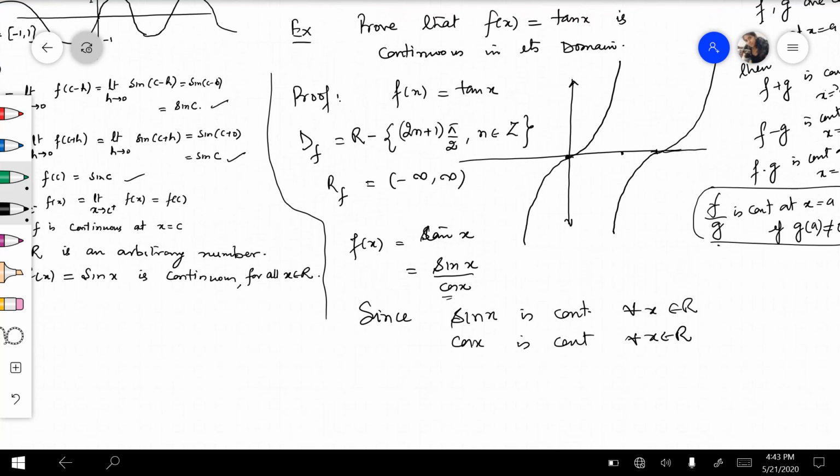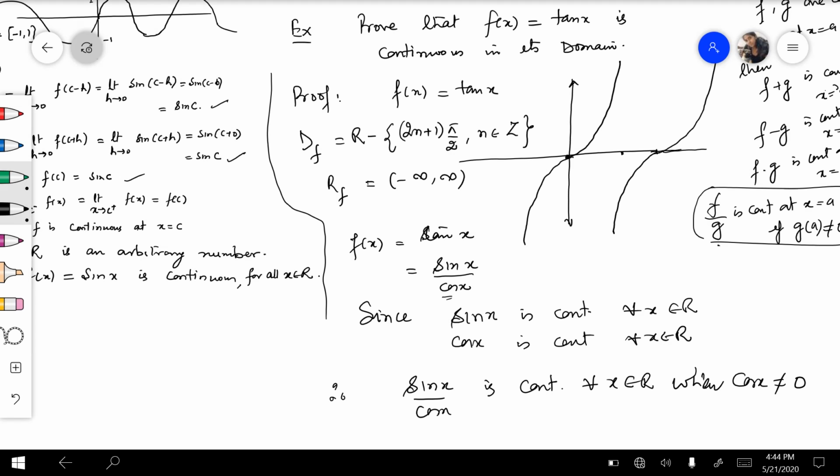Therefore, sin x upon cos of x is continuous for every x belongs to R when cos of x is not equal to 0, and cos of x is equal to 0 at all odd multiples of 90.